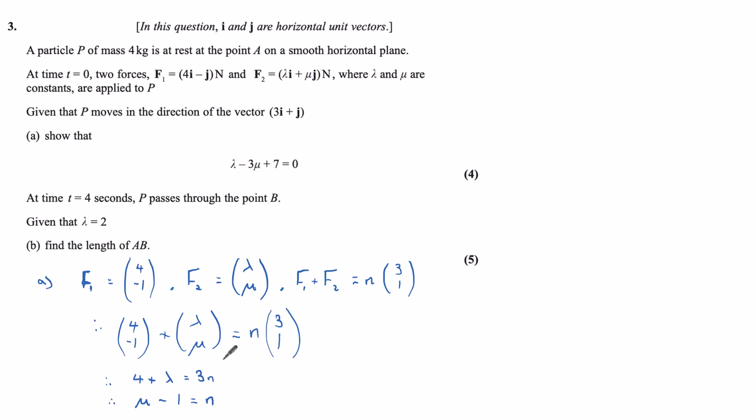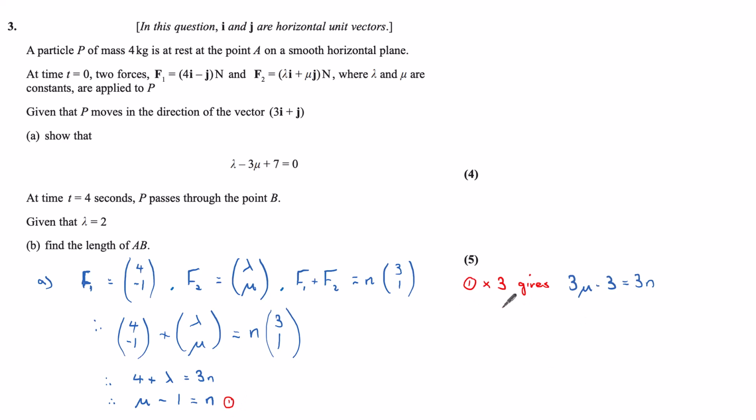From this, I get two equations. I know that 4 plus lambda is equal to 3n, and minus 1 plus mu is equal to n. A little nicer to write mu minus 1 is equal to n. Now these two equations both have an n, which ultimately I don't want in my show that. So let's multiply this bottom equation by 3.